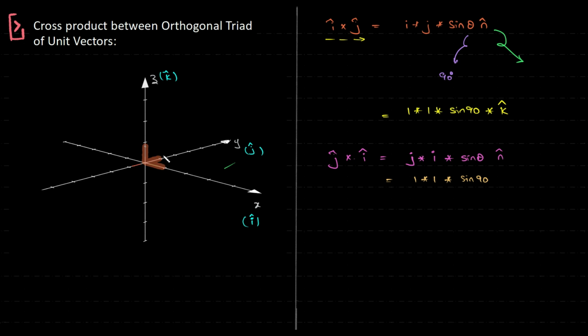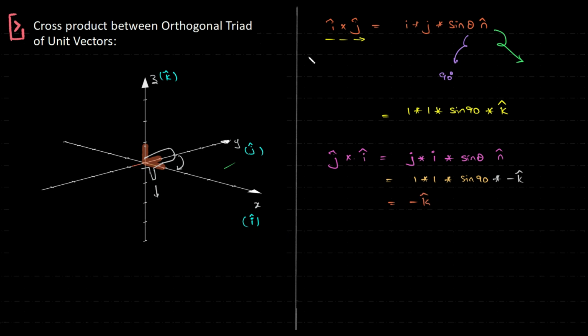We are starting from j and then moving to i, so we are swiping this way. If you try doing that, wherein you're swiping from pointing outward towards inward, your thumb will be pointing downward. So the overall result is minus k cap.